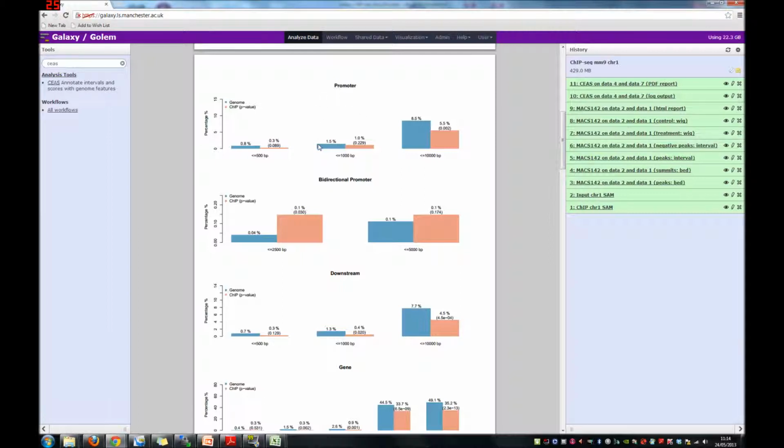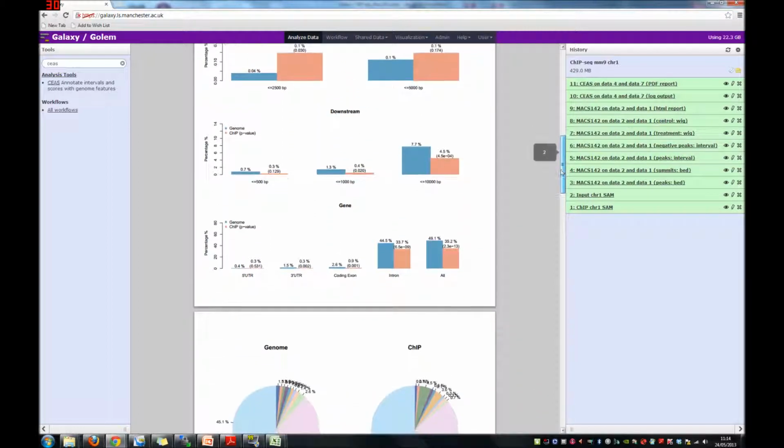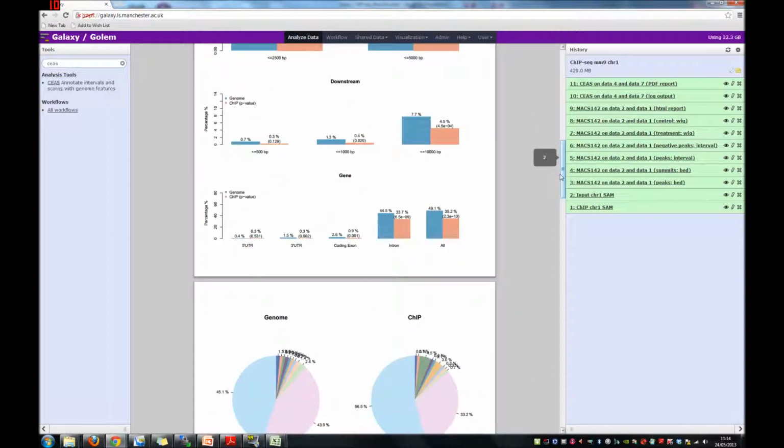So we look at promoter regions, bidirectional promoters, which is where two genes on opposite strands share the same promoter, and looking downstream of genes as well. So you can just get an overall flavour of whether your binding regions are situated differently to what is expected in the genome.